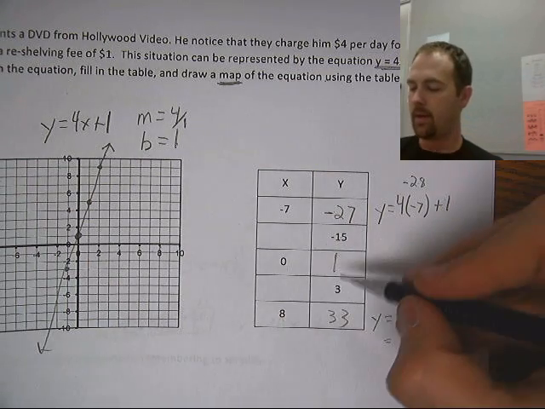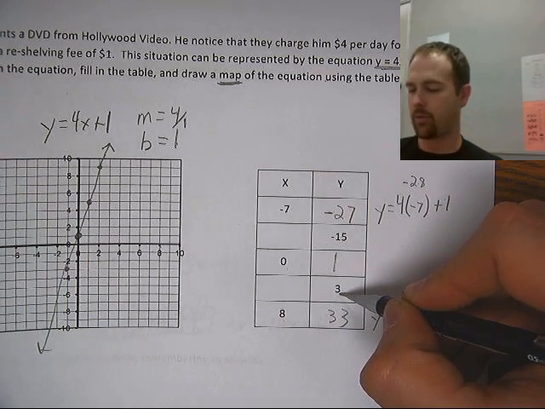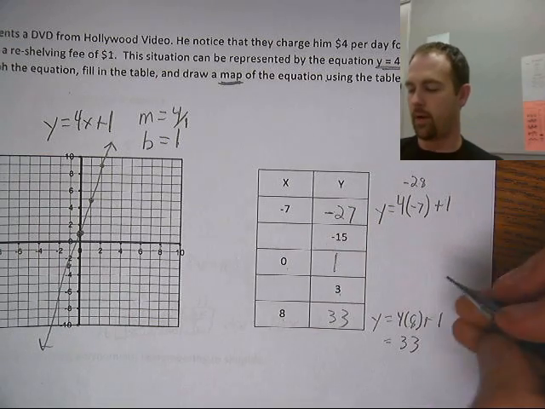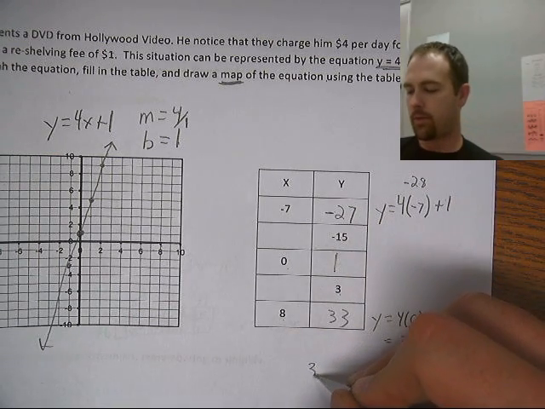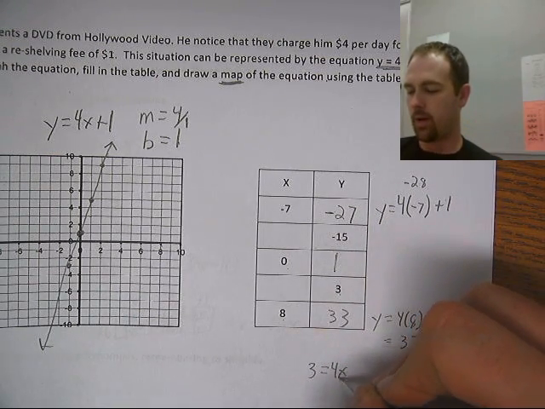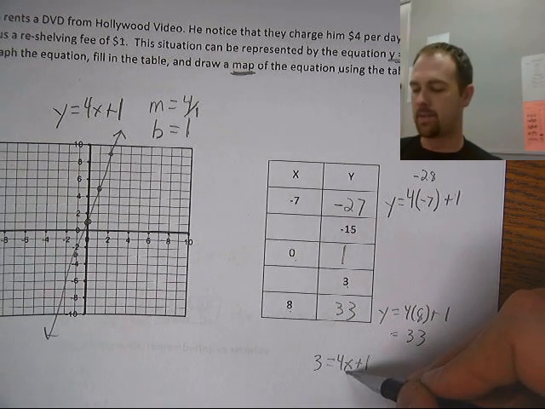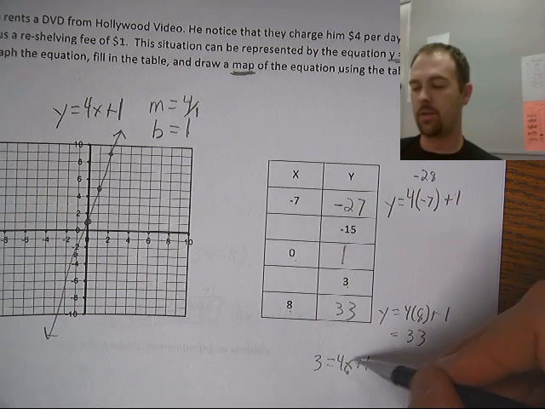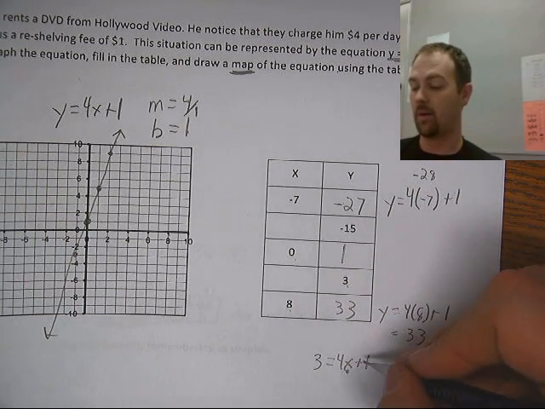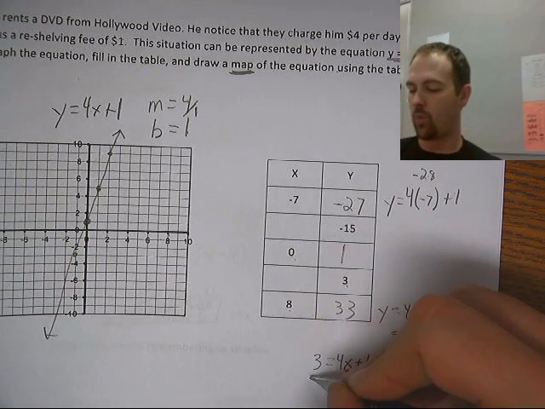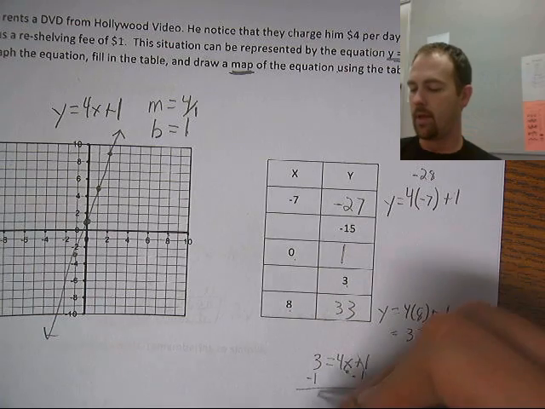All right. Now let's go ahead and plug in our 3. Now that's the y value. So 3 equals 4x plus 1. Now I've got to get x by itself there. This is our two-step equation like we did at the beginning of the year. First thing I want to do is subtract 1 from both sides. 3 minus 1 gives me 2.